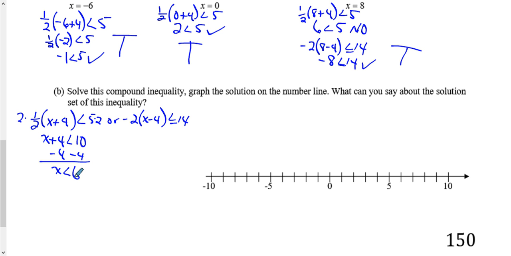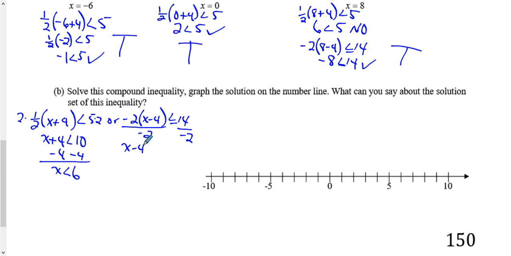Let's do the other side. What do you want to do here? Divide by -2, right? Or we could distribute, doesn't matter. So we get x minus 4. What came after the x minus 4? Switch the sign.